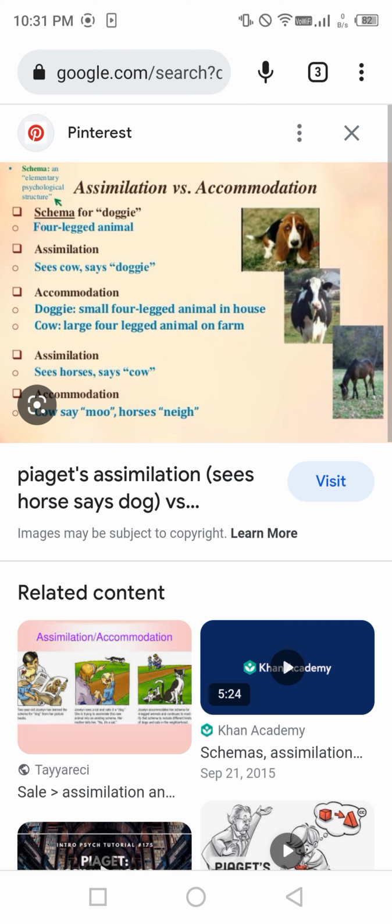Now, when he comes to know the difference between the two, when he modifies his previous existing schema, then it is accommodation. So accommodation is the process when we adjust our old schema into the new one. Here, cow says moo, horses neigh.